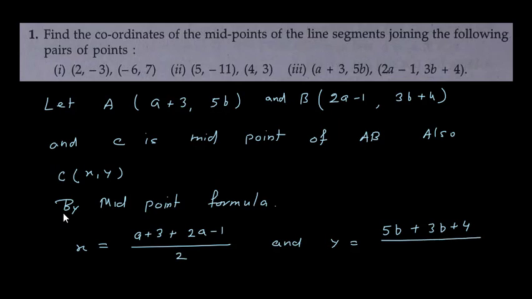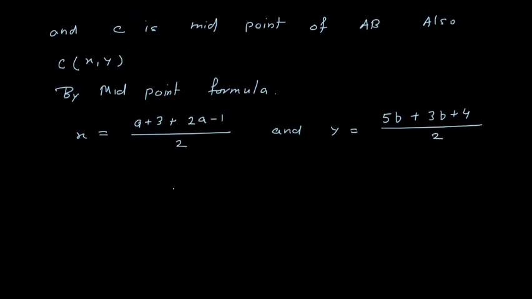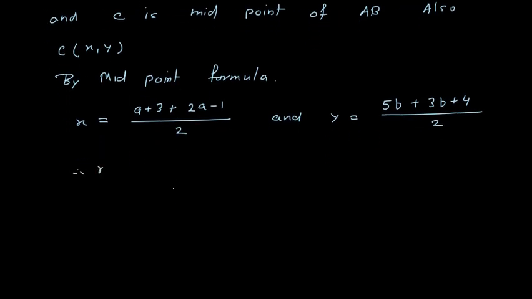So therefore x is equals to 2a plus a is 3a, and 3 minus 1 is 2, so 3a plus 2 divided by 2, and your y is 5b plus 3b is 8b, 8b plus 4 divided by 2, which is equals to 4b plus 2.